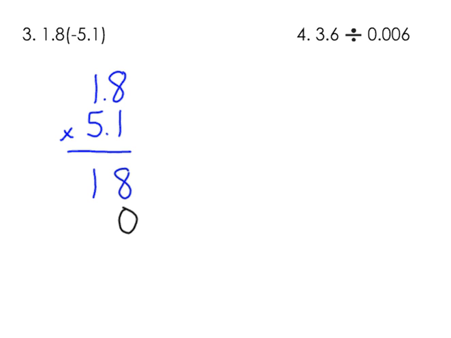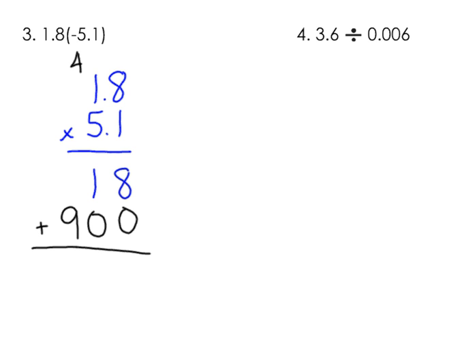All right, number 3, we're going to multiply 1 and 8/10 by negative 5 and 1/10. 8 times 1 is 8. 1 times 1 is 1. You need a 0 for a placeholder, and then 5 times 8 is 40. 5 times 1 plus 4 is 9.